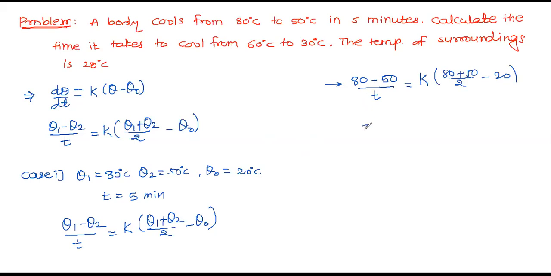So 80 minus 50, 30 by t is equal to k into, this is how much? 80 plus 50, 130 by 2, 65. Check. 130 by 2 how much? 65 minus 20.